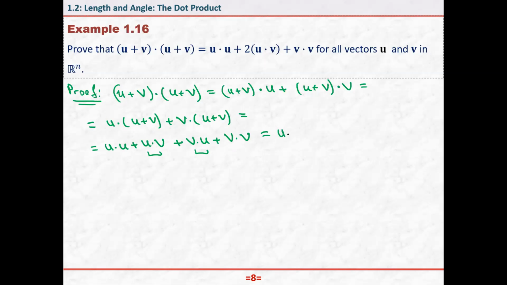So I can write it as u dot u plus 2 times u dot v plus v dot v. And proved. That is equal to the right-hand side, and since the left-hand side equals the right-hand side, the thing is proved.